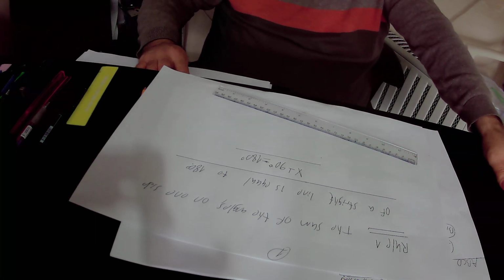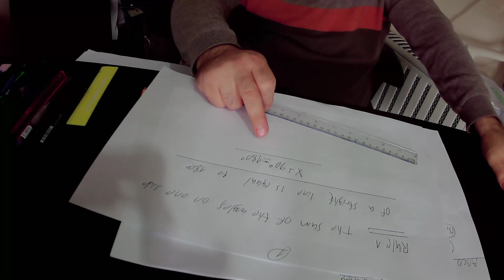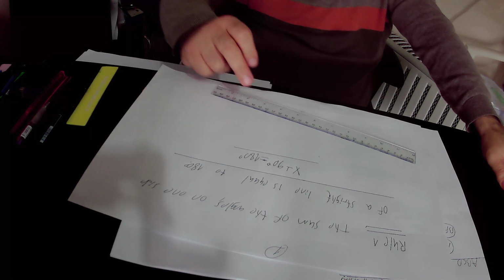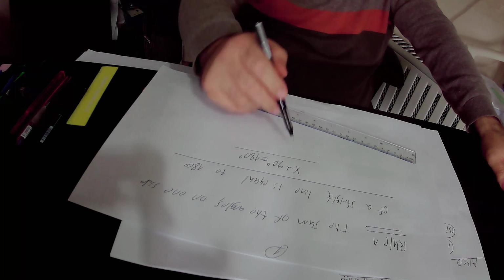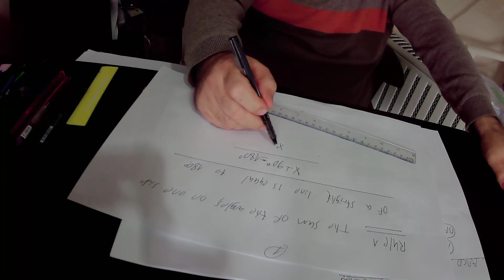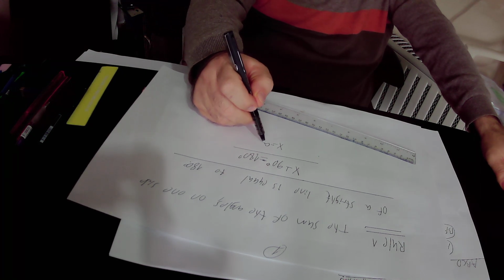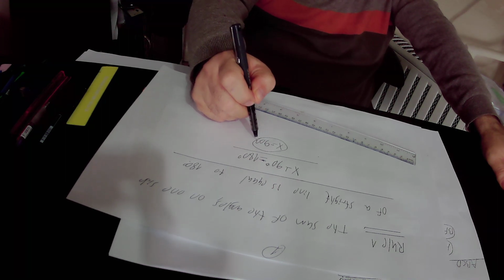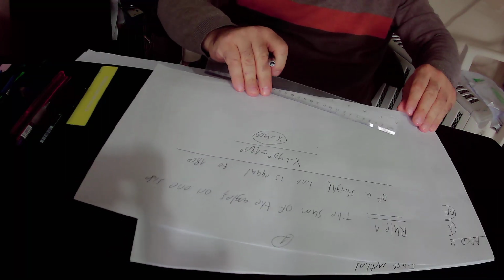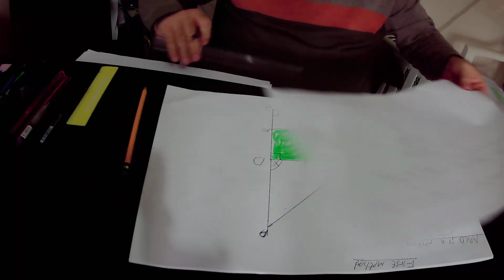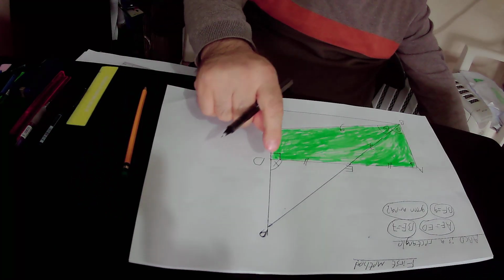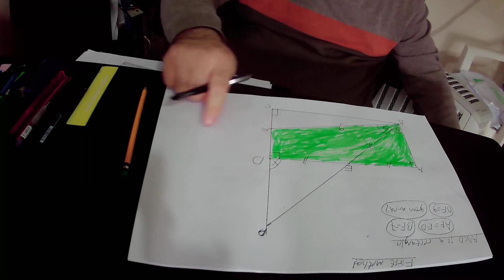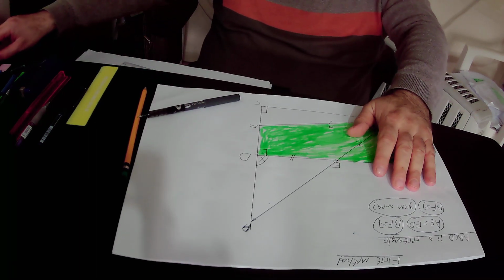We subtract 90 degrees from this equality, and we get that angle X equals 180 degrees minus 90 degrees, which equals 90 degrees. So angle X is a right angle, and we can mark this angle PDE as a right angle.